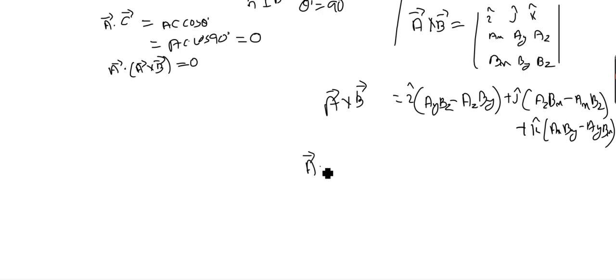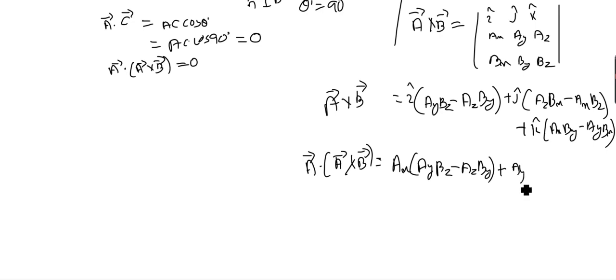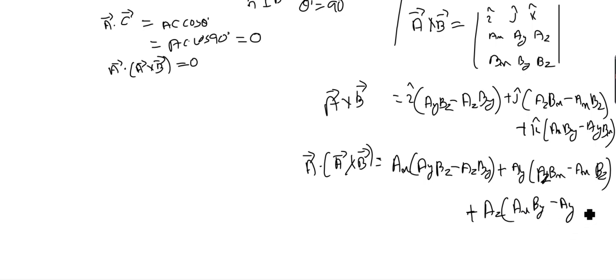Now A dot A cross B, if we write, as we know in a dot product we just multiply the similar components: Ax into (Ay Bz minus Az By), plus Ay into (Az Bx minus Ax Bz), plus Az into (Ax By minus Ay Bx).